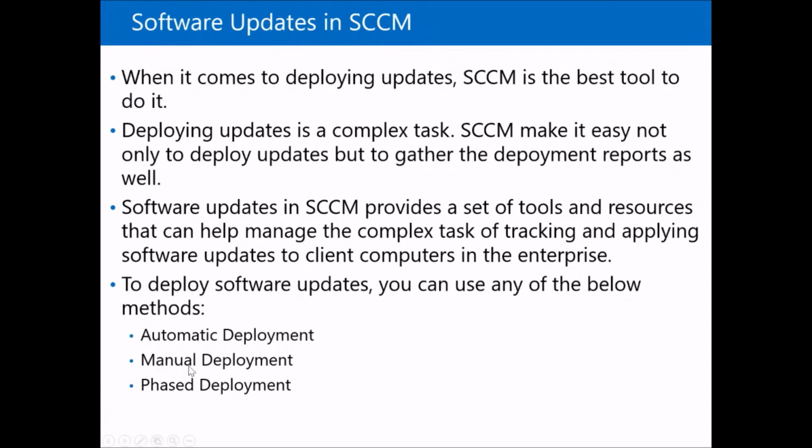Manual means you have to manually specify which ones are deployed. Phase deployment is where instead of deploying to all computers at the same time, you might want to deploy to certain groups or certain collections, as they're called, one at a time. Phase approach.